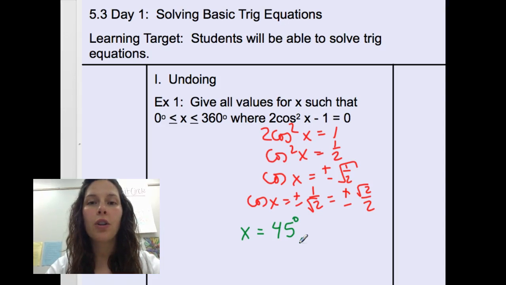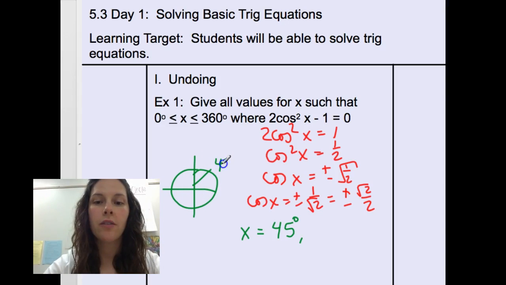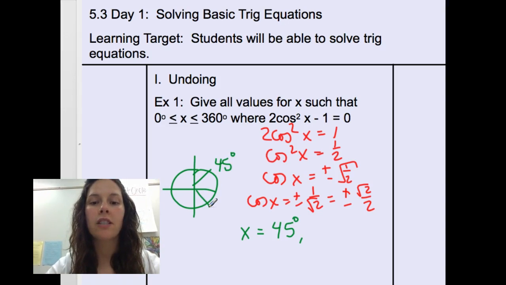The way to get the fourth quadrant value is you can think about that unit circle. We are here at 45 degrees. If we go into the fourth quadrant, 45 degrees below that x-axis, 360 minus 45 degrees gives us 315 degrees. So again, these are the two values where the cosine is positive square root of 2 over 2.